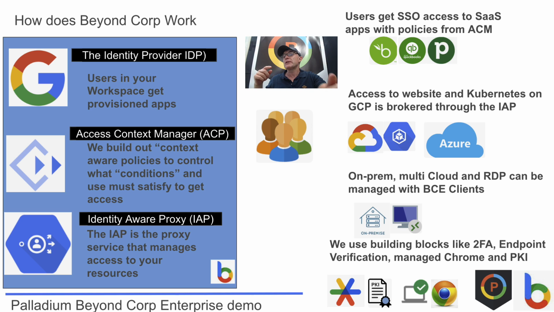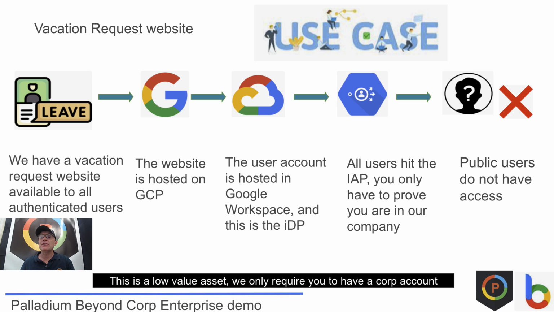I'm just going to quickly show you a little bit around those, and then I'm going to show you a use case. Here's a really simple use case. We just have a vacation website. It's a low value asset in our environment. It's publicly available; you just have to sign in.